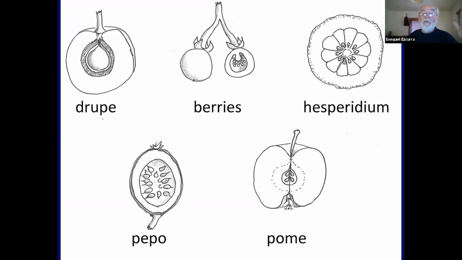So the main difference between a drupe and a berry is in the case of a drupe, natural selection has favored fruits where the animal will try to munch off the mesocarp, the fleshy mesocarp, but leave the internal part of the fruit, the bony endocarp and the seed, at some distance without eating it. In the case of a berry, the animal is expected to eat the whole fruit.